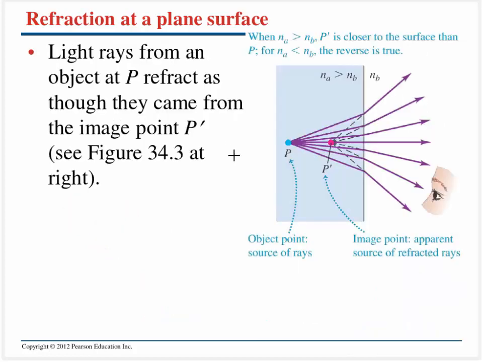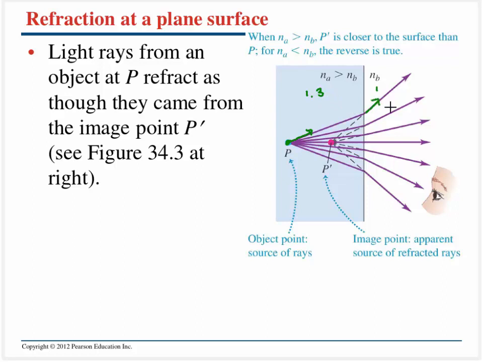Now we can complicate things by talking about refraction. Light is going to behave in the same way. It's going to radiate in all directions. And if we're, say, looking at a fish in water, and we're out here in air, so the index of refraction is larger in the water, then the light rays are going to bend away.